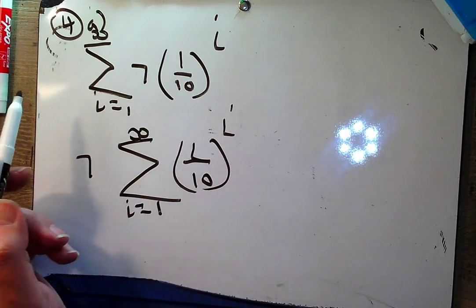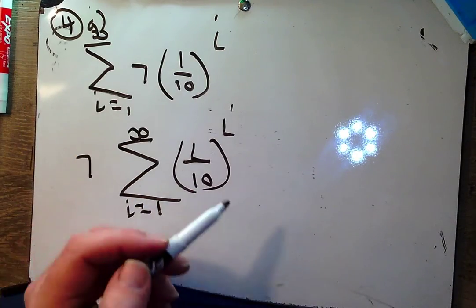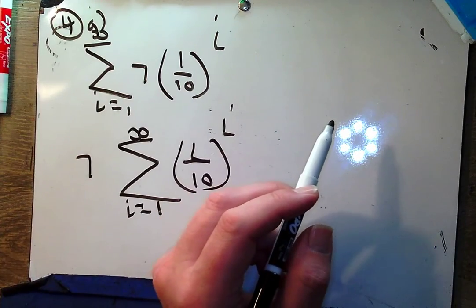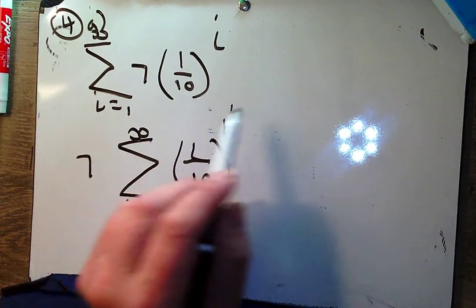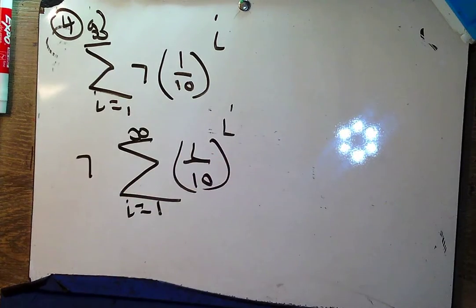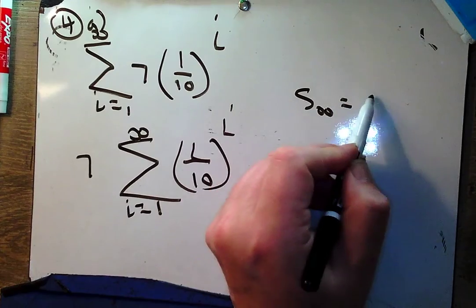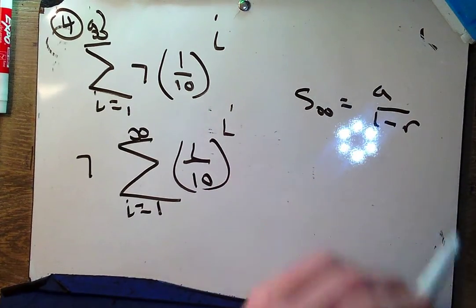Now, this thing about 1/10 to the I is, couldn't I use my infinite sum formula? I have an infinite sum. This is geometric, you know, that exponential situation. And the infinite sum is A over 1 minus r.